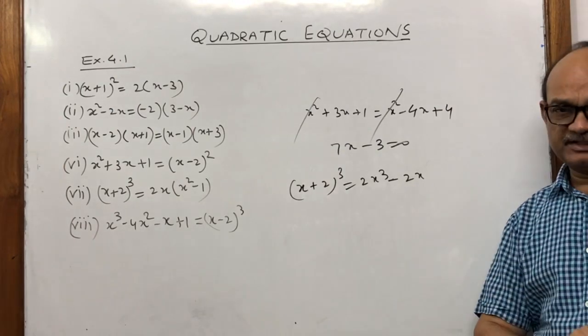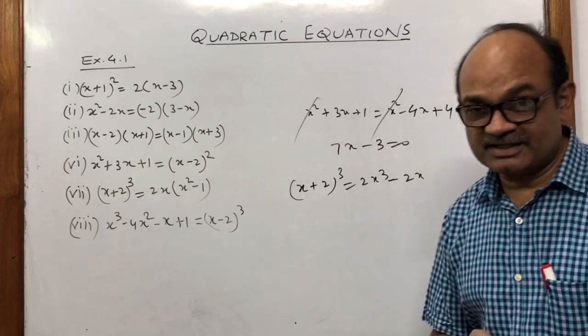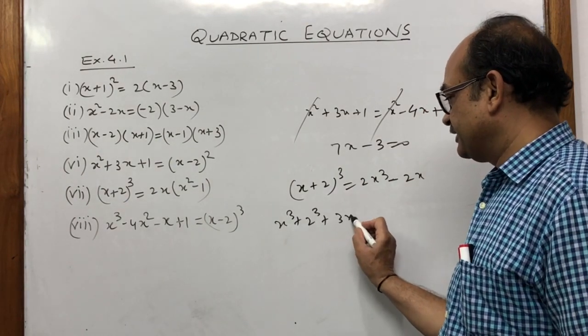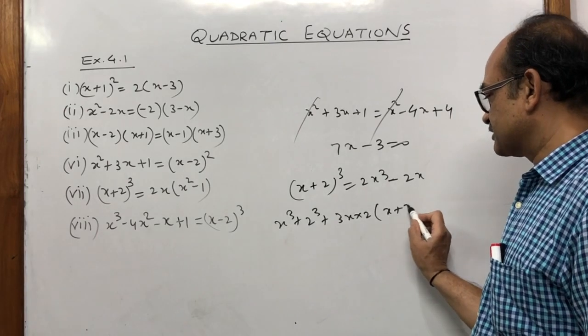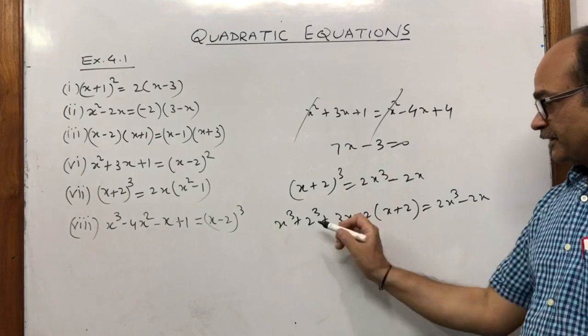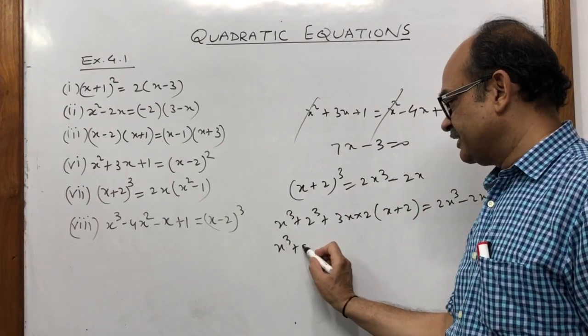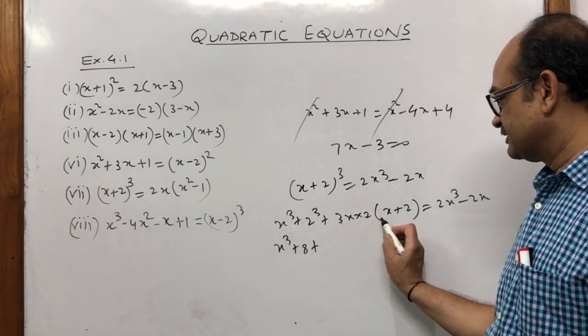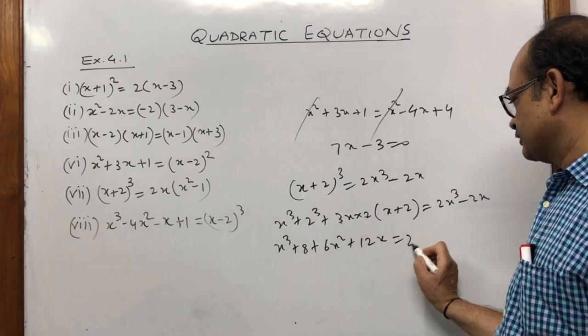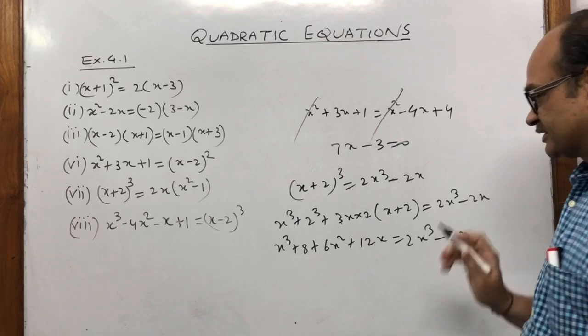So we have to expand this whole cube. And you know the formula from class 9th. a cube plus b cube plus 3ab bracket a plus b equals to 2x cube minus 2x. If we expand it, x cube plus 8 plus 3 into 2, 6, x square plus 6x and 2, 12x, equals 2x cube minus 2x.